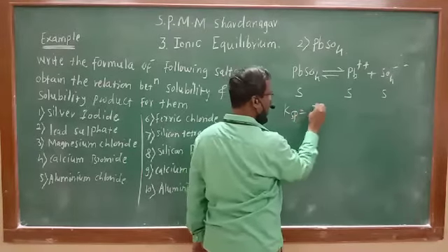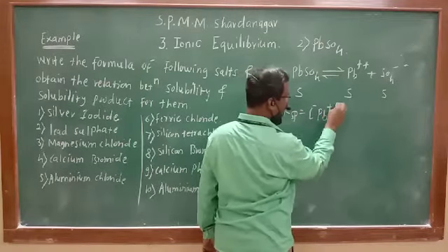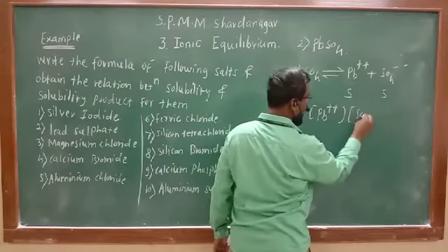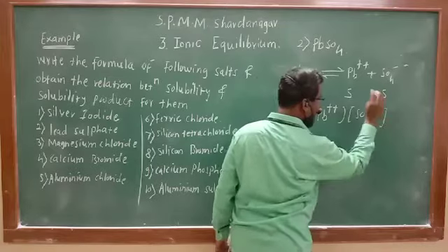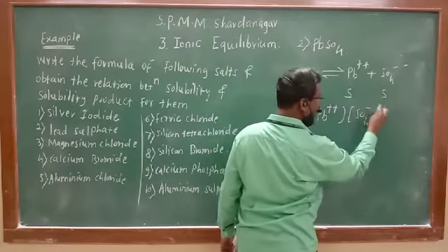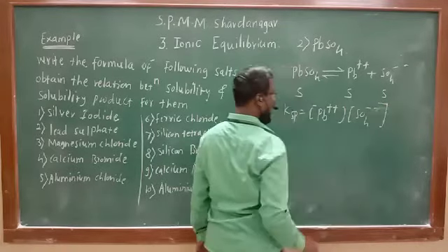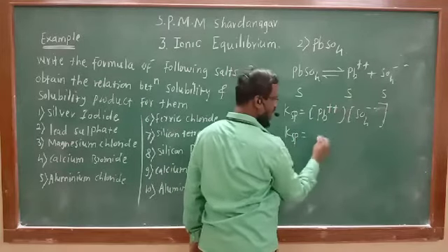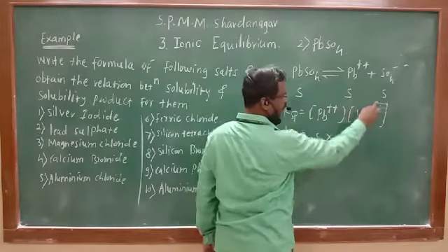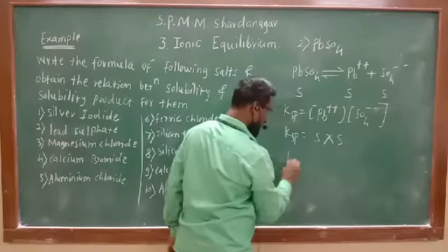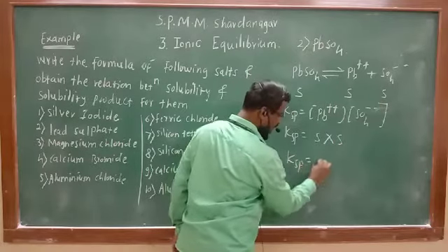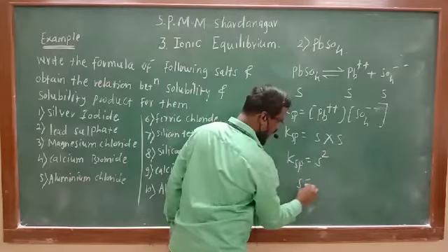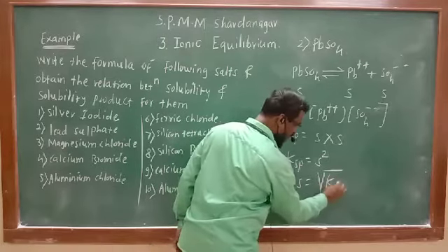Ksp is equal to Pb2+ into SO4 2−. Substituting the values, Ksp is equal to S times S. Therefore Ksp is equal to S square, and S is equal to square root of Ksp.